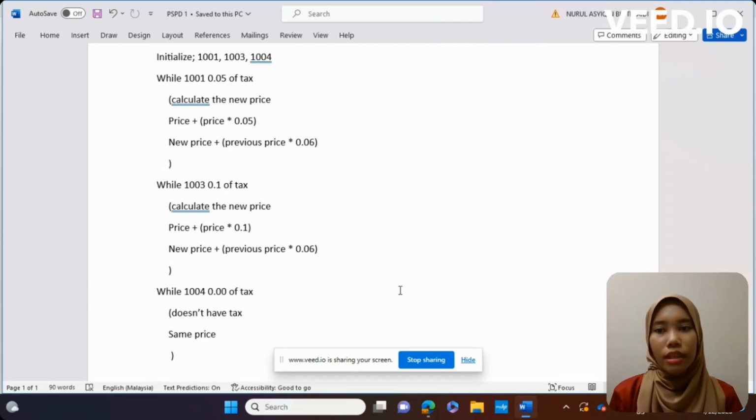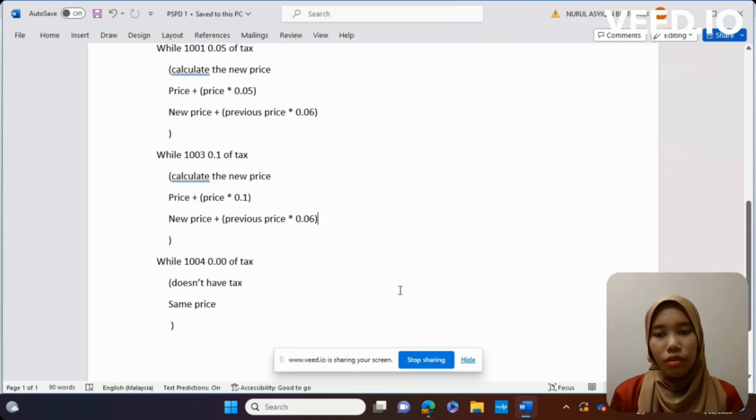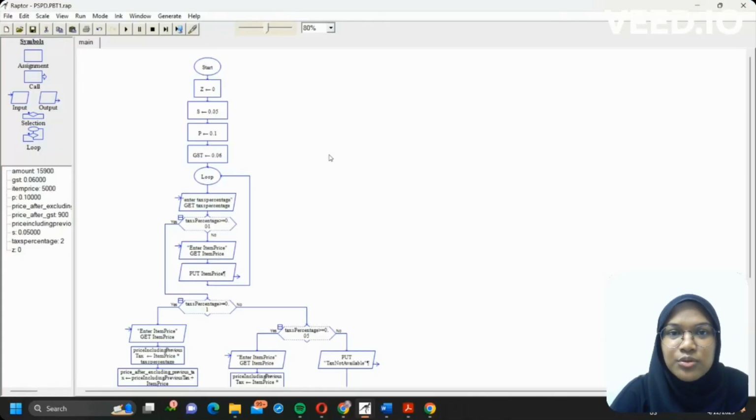Calculate the new price: price plus, in the bracket, price multiplied by 0.05. New price plus, in the bracket, previous price multiplied by 0.06. While 1003 has 0.1 of tax. Calculate the new price: price plus, in the bracket, price multiplied by 0.1. New price plus previous price multiplied by 0.06. Well, 1004 has 0.00 of tax. Doesn't have tax. Same price.